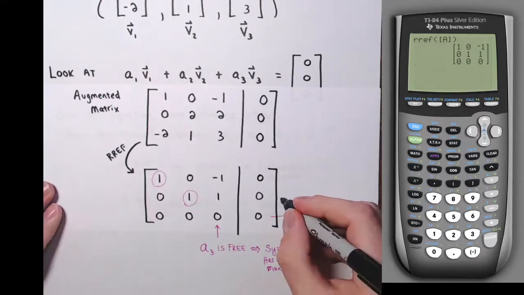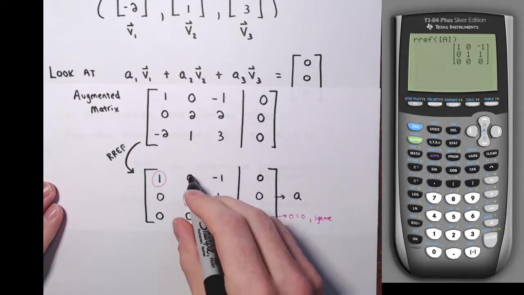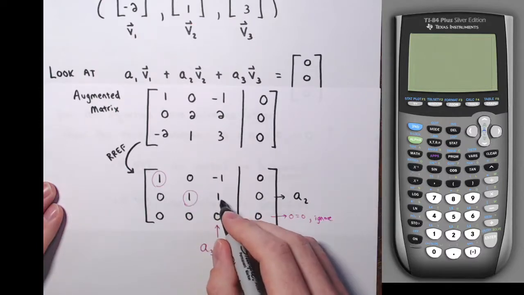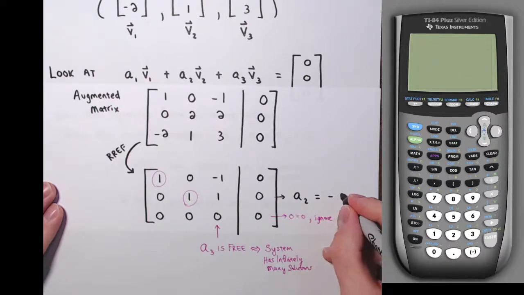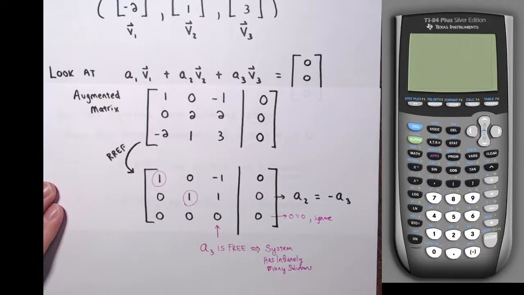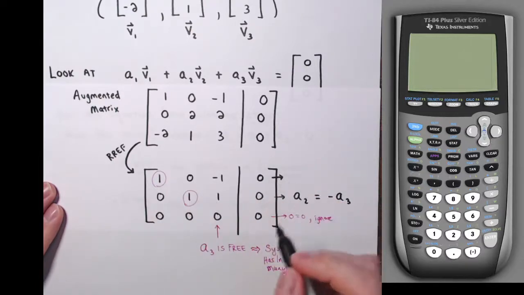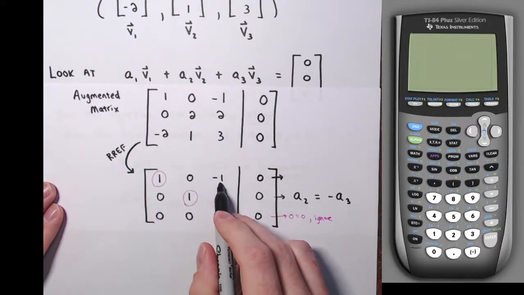So this second row here, in the second column, tells me that a2 plus a3 equals 0. So a2 must equal the opposite of a3, if I subtract a3 from both sides. And then from this first row, a1 minus a3 must be equal to 0.